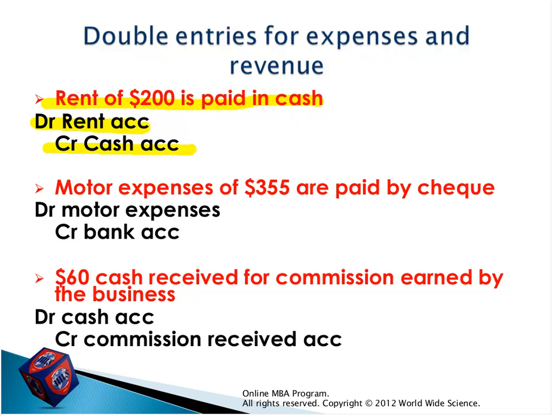So in the transaction, it is very important how we pay for expenses like a rental payment: whether in cash or by bank transfer, or we pay later, maybe on credit.